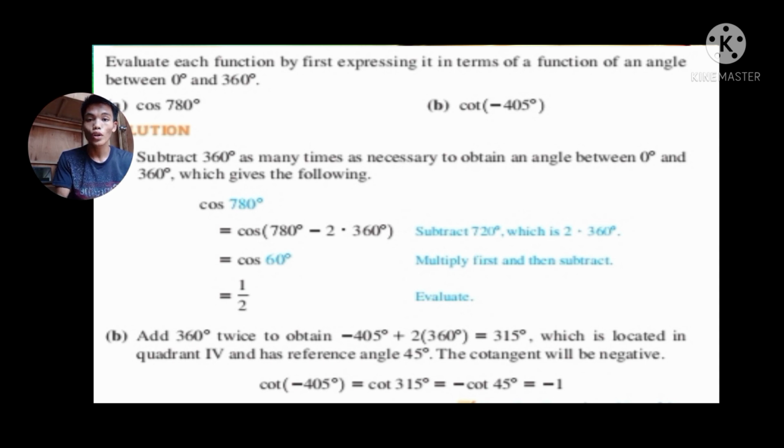So therefore, the reference angle of negative 405 is 45, so the cotangent will be negative. So cotangent negative 405 degrees is equal to cotangent 315 degrees, which is equal to negative cotangent 45 degrees, in which the reference angle 45 degrees gives negative 1. So that's all. Thank you.